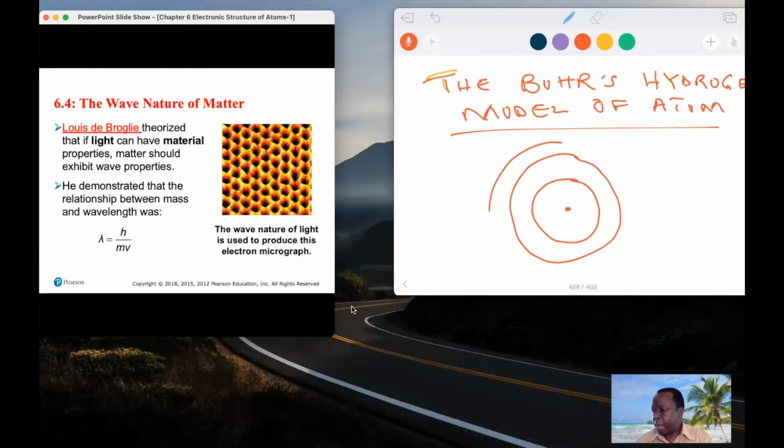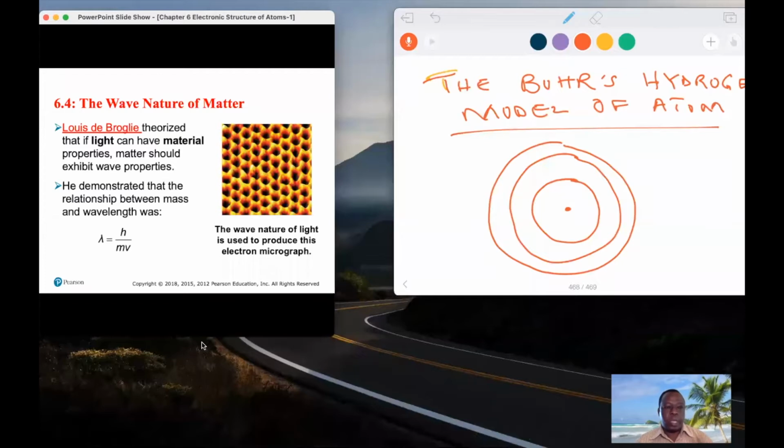His explanation was based on the line spectra. We talked about the hydrogen line spectra using the Rydberg equation. He was able to calculate the wavelength of those spectral lines.